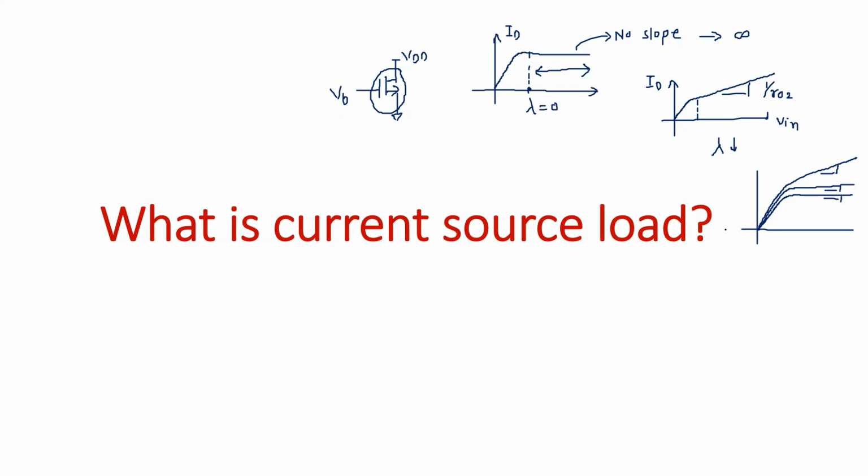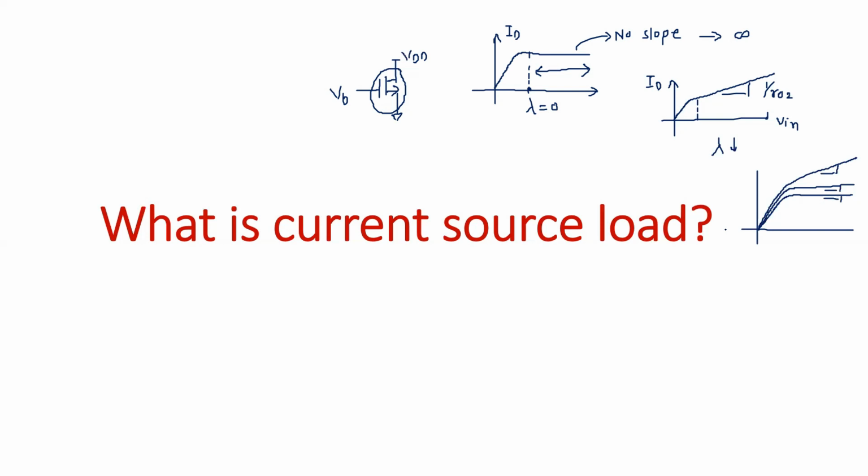I am not going into the depth of this discussion, but the point is that if we have a device which is acting in saturation, it will act as a constant current source, and this current source will offer a large impedance, and this large impedance can be used to get a good amount of gain.